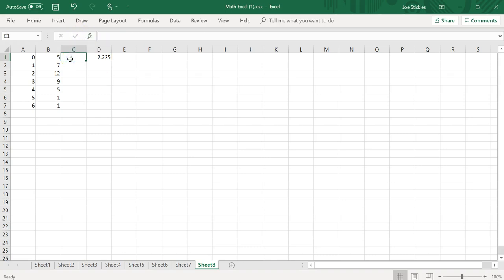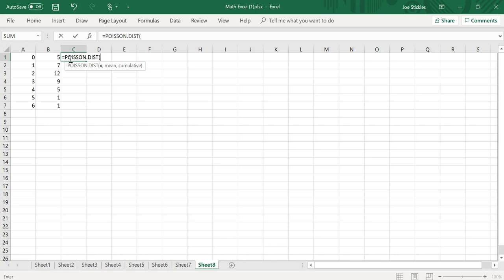So we can use that value, 2.225, to give us the expected number of times we see 0 or 1 or 2 and so on down the line. In Excel, the Poisson distribution is built in, POISSON.DIST.